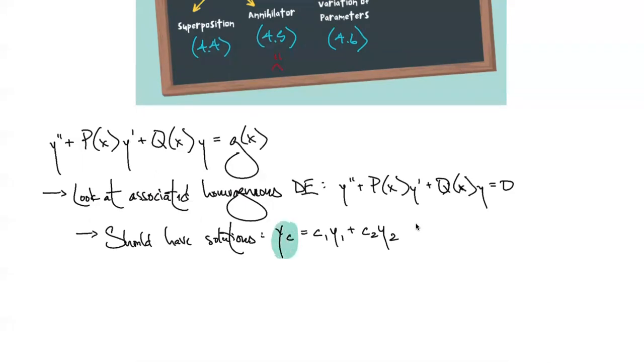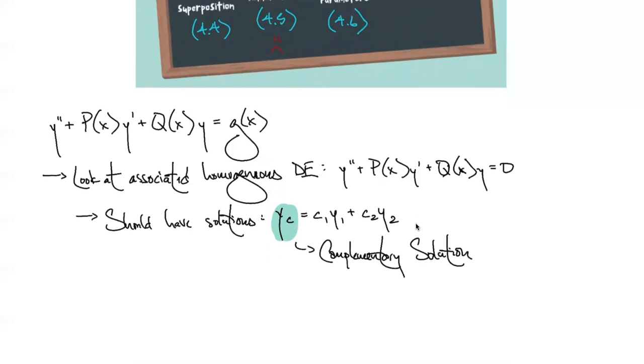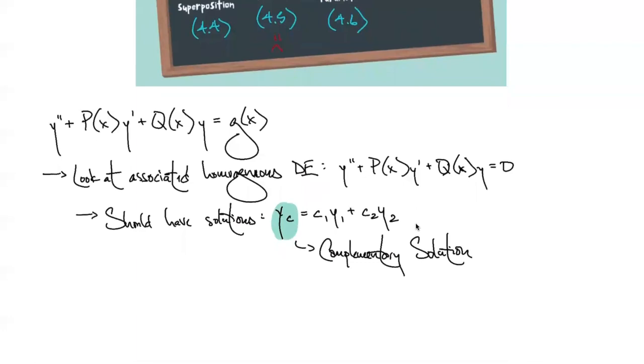This y sub c stands for the complementary solution. So the C stands for complementary, okay? So you're looking for the complementary solution. That's the first step. So we look at the side that is the differential equation part. We find some solutions knowing how we did them last week. We use those same methods. And then for the second part, we come back and we take a look at the part that makes it non-homogeneous.